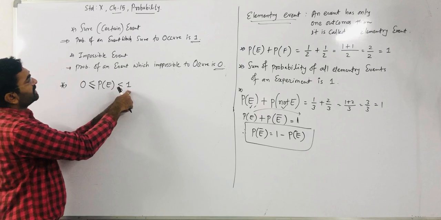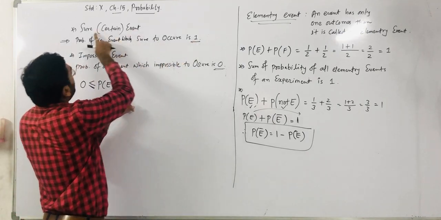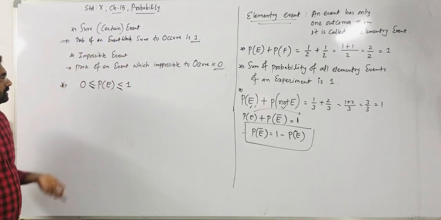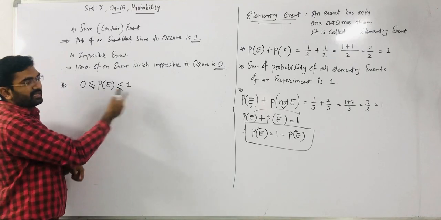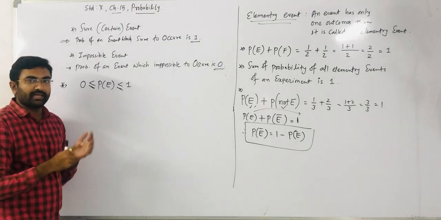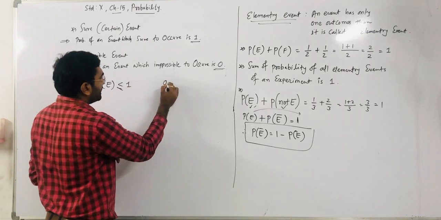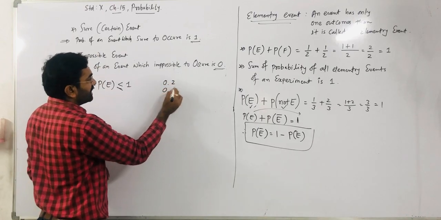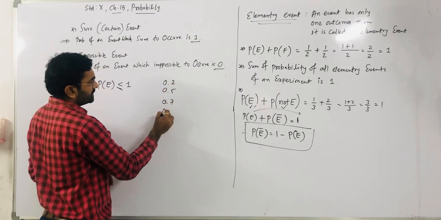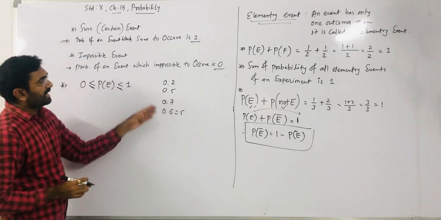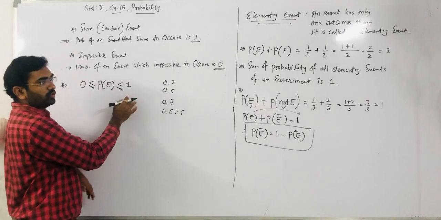If the probability is 1, it is called the sure event. And the remaining events' values lie between 0 to 1, like 0.2, 0.5, 0.7, 0.625. These are all values between 0 to 1.